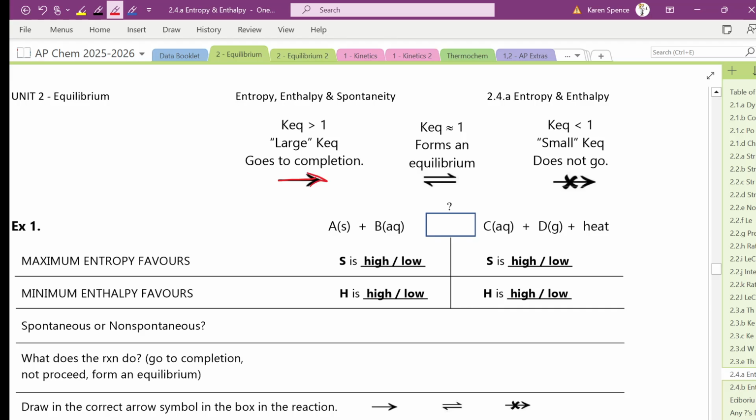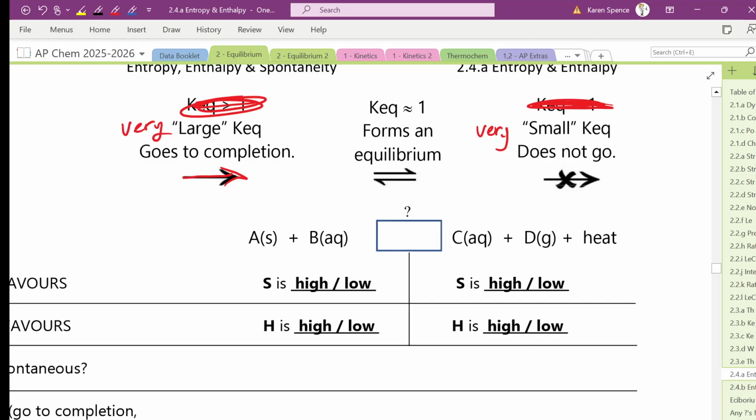At any rate, let's get rid of this. If we have a large KEQ, it goes to completion. If we have a small KEQ, it does not go. Very large, very small. There, that makes me happier. If KEQ is approximately equal to 1, it forms an equilibrium.